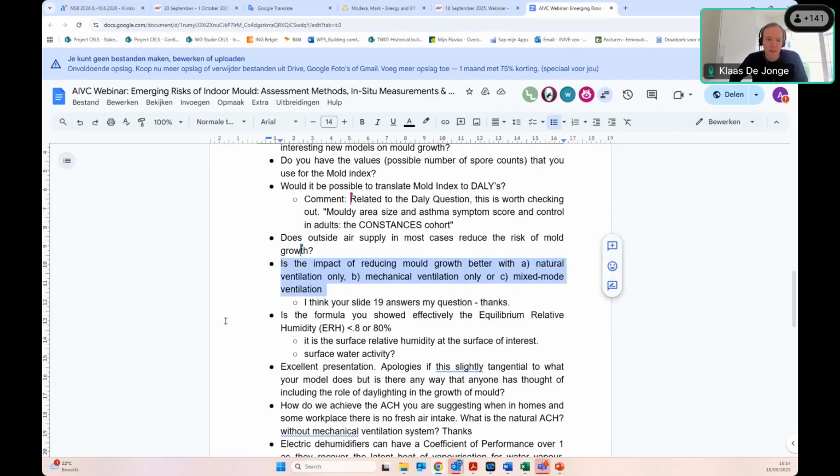Yeah, if you mean natural ventilation only, like only the air changes you have by infiltration. In the model, I always assume that the infiltration rate is there, of course, but it needs to be at a level higher than you would want it to be for energy efficiency reasons, I think, to get to the right air changes.